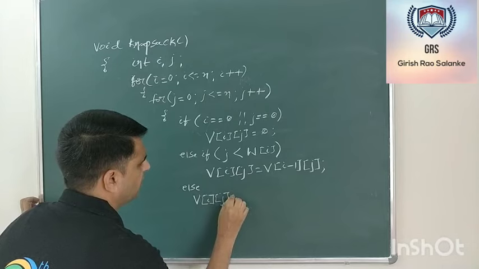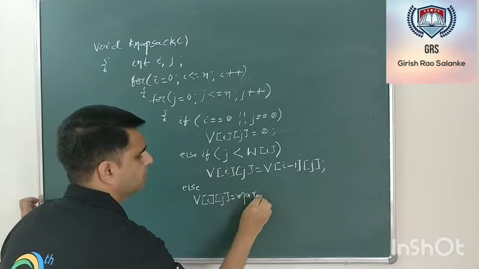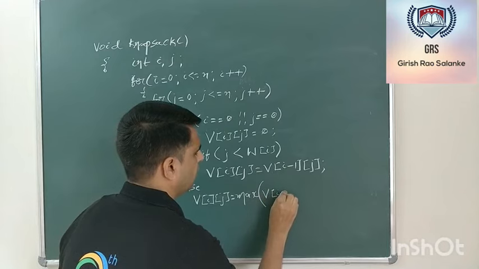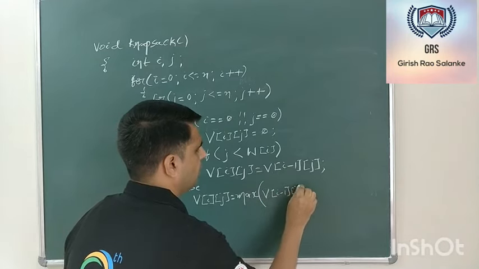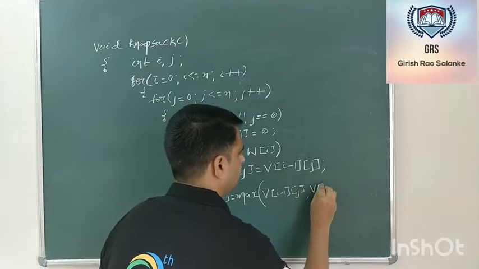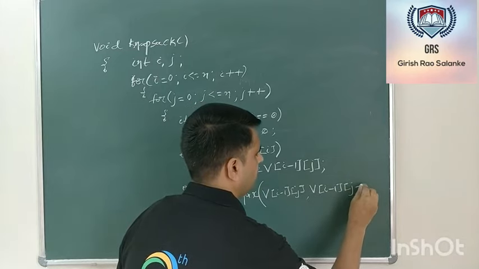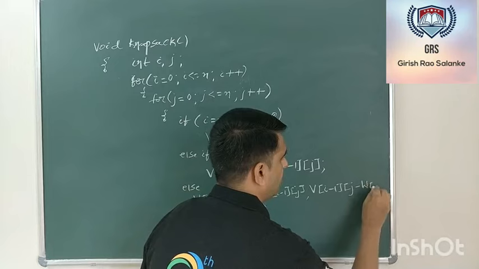V of i j is equal to, do remember this formula, max of V of i minus 1 and j, comma, V of i minus 1 and j minus w i.